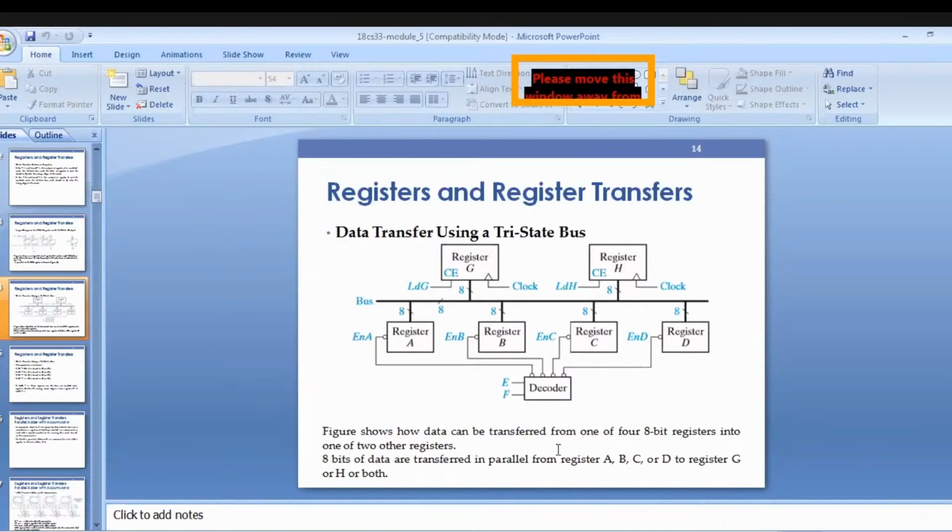See here, while transferring from one 8-bit register to one of two other registers, when the 8-bit data is transferred in parallel, registers A, B, C, and D generate to registers G and H in both.